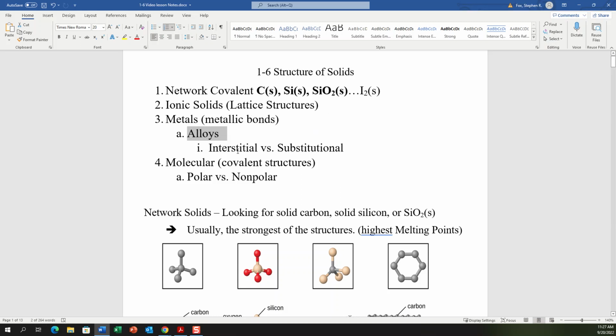And what you want to understand about alloys is there's two types. There's interstitial alloys, and then there's substitutional alloys. And so we want to differentiate between those. And then we have molecular solids. You can call them covalent solids, so not network covalent, but just regular covalent.